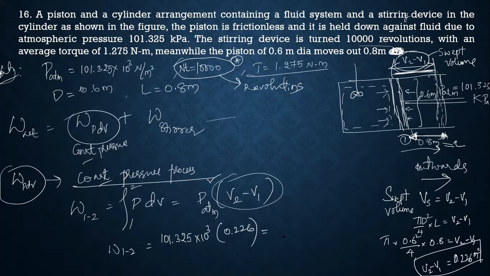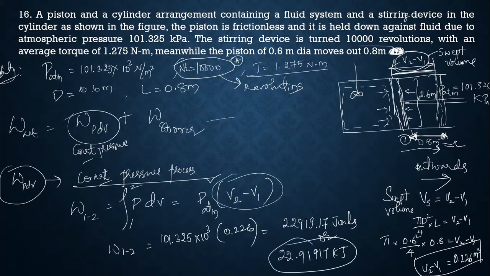You get W1-2 as 22,919.17 joules, or else 22.91917 kilojoules.